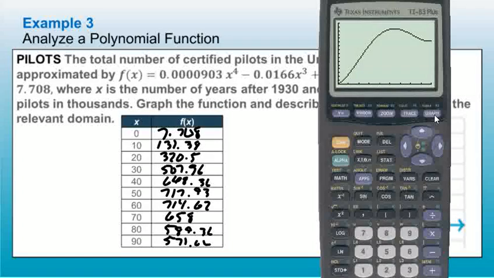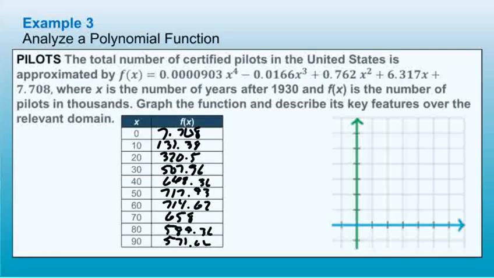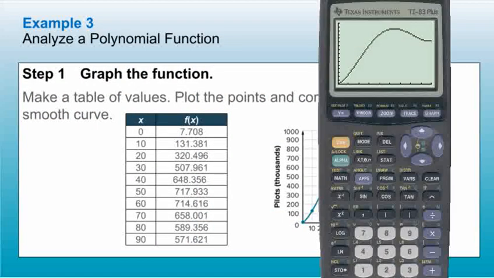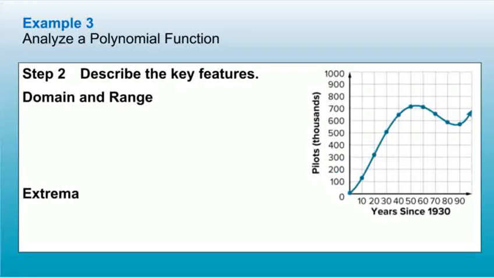Then we can describe the key features over the relevant domain. Now here is our graph, which is very similar to what we had here. So we made that table, we put our numbers in there, we used our calculator to graph that. Now we're going to do the key features.